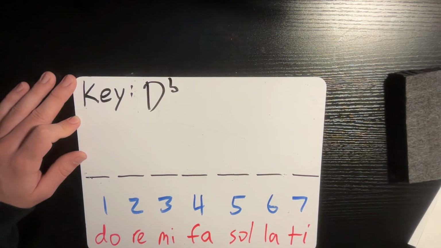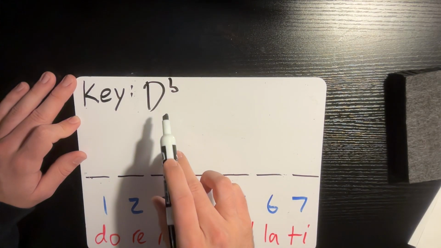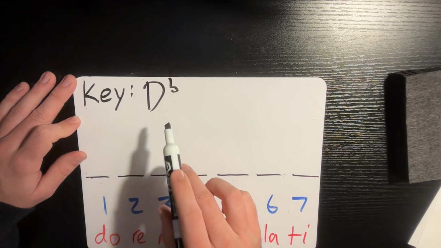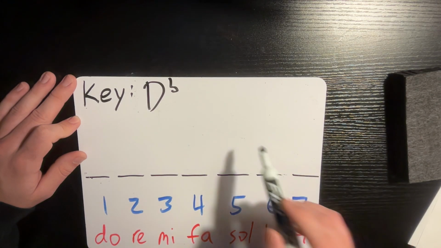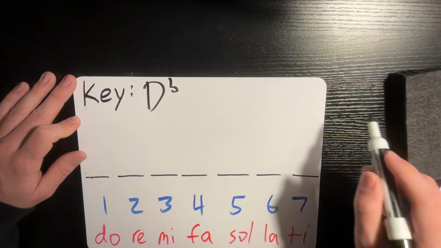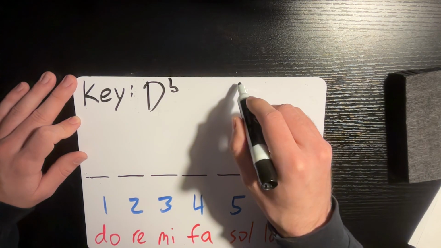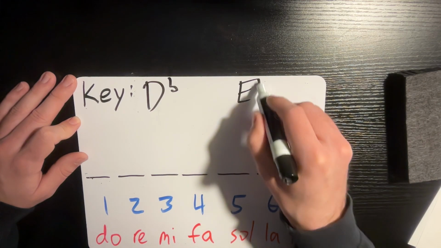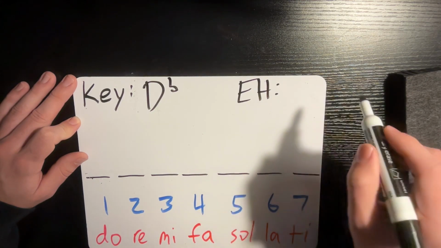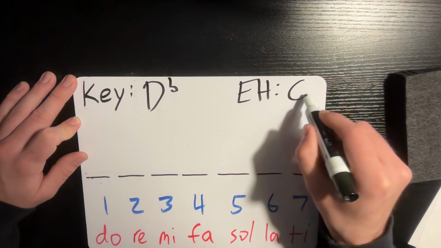And if you played them on the piano, if you played them on any instrument, the D flat major scale is exactly the same in terms of how you play it as the C sharp major scale. So I'm just going to write EH for enharmonic. So this is enharmonic with C sharp.